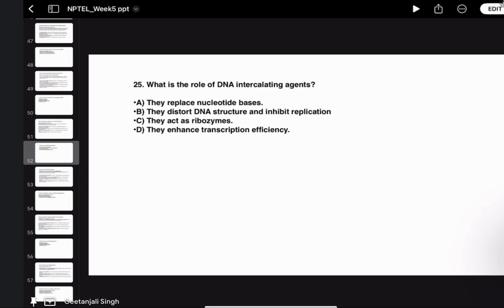DNA intercalating agents. So intercalating agents, they go and they place themselves between the nitrogenous bases.